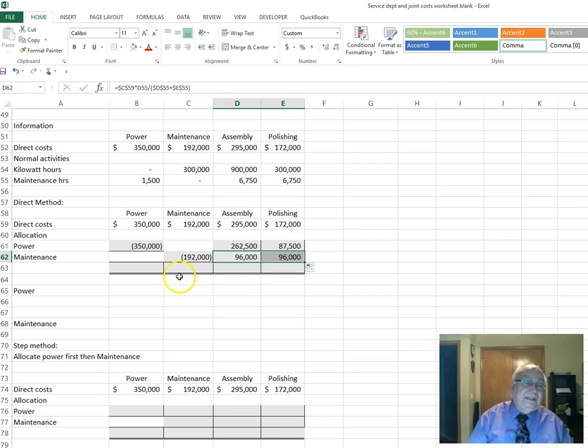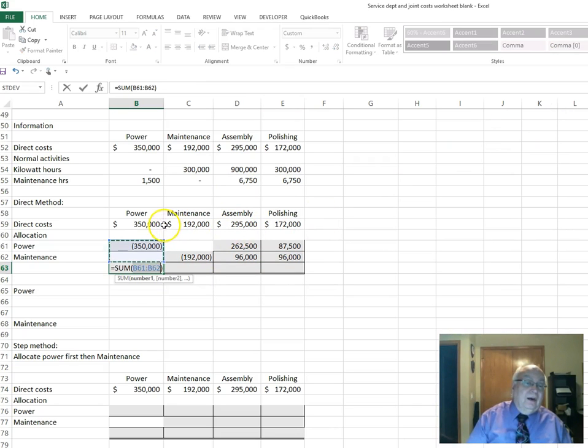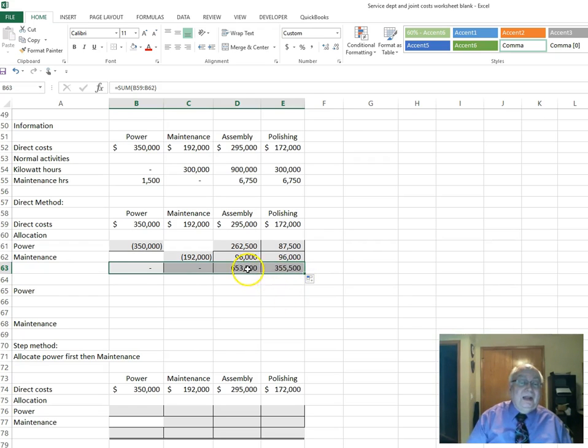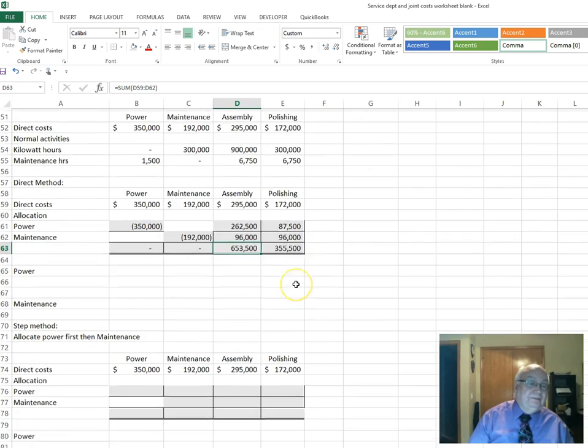It's 96,000 because both of them use the same number of hours. Then what we'll do is add these up, the 350 all the way down. So that one should be 0. The second one, of course, should be 0. And then that's what we'd allocate the overhead: 635,500 and 355,500. Okay.